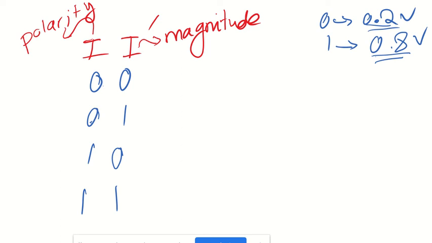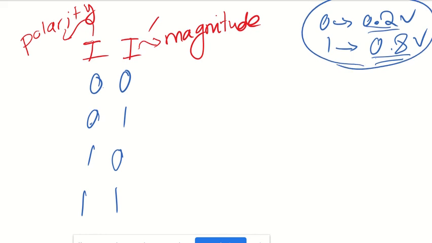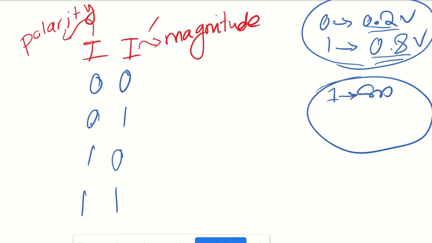In terms of polarity, I define it this way: if I have 1, send it with cosine of theta. If I have 0, cosine of theta plus 180 degrees, so send minus cosine of theta. There is a phase change between those two signals, and these are the amplitudes.